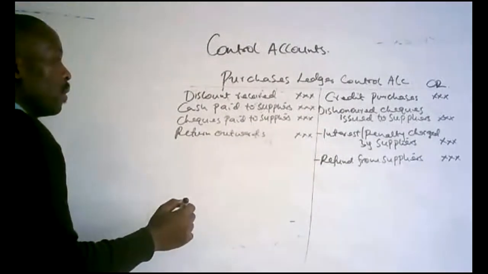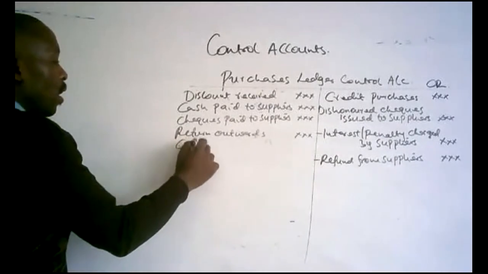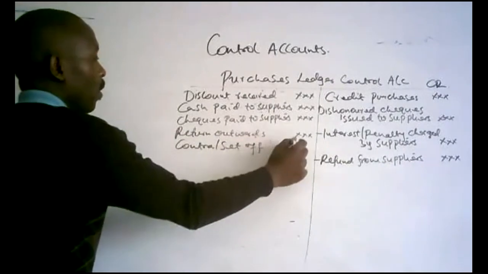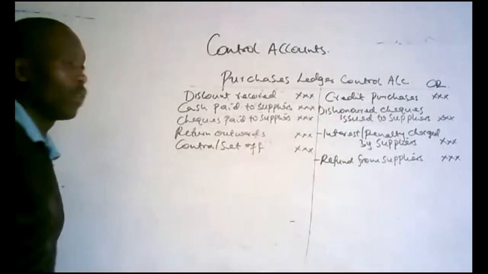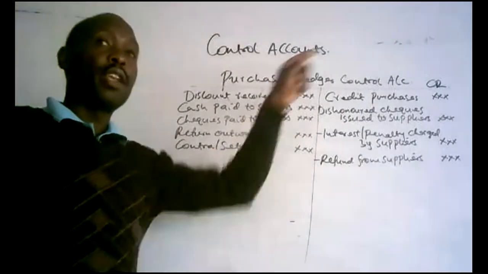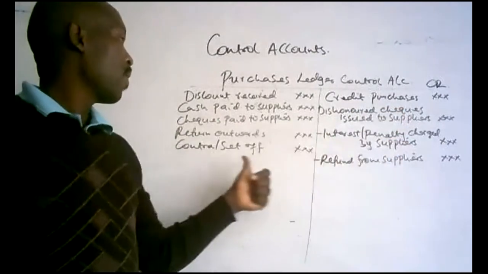We also have contra or set-up. So the contra is the same figure that we had credited on the debtors control account, the same figure we put here.